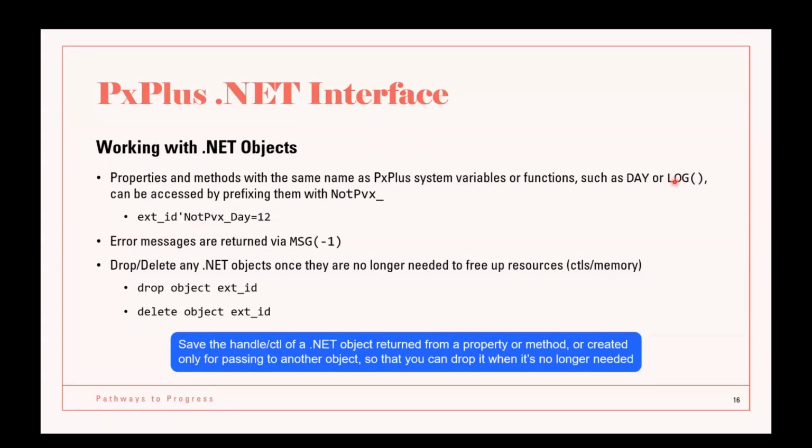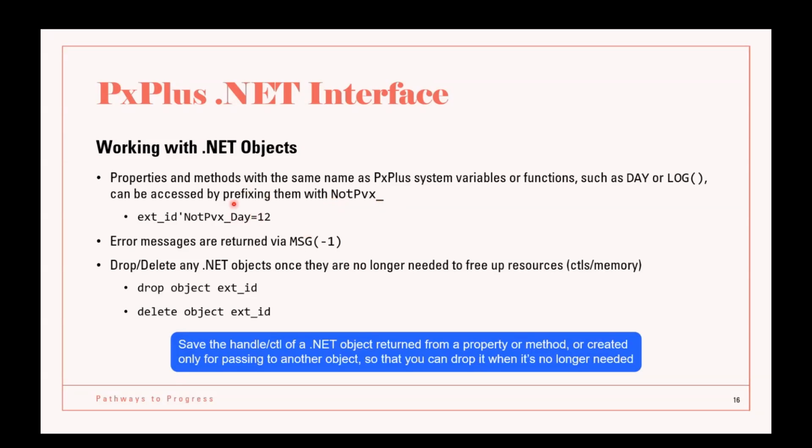So if you were working with a .NET object that has a log method, for example, and you just tried to write that out in PxPlus code as tick log, you would get an error because LOG is a system function. In order to avoid this, you can prefix any .NET property or method with PBX underscore, and then the name of the method.